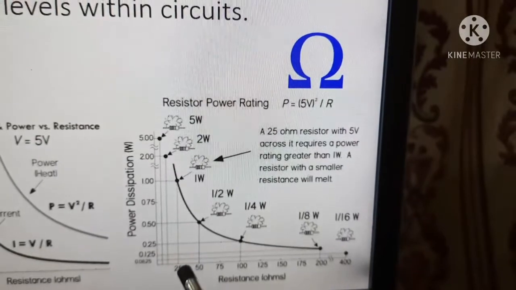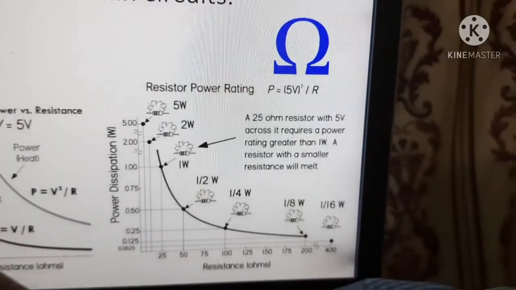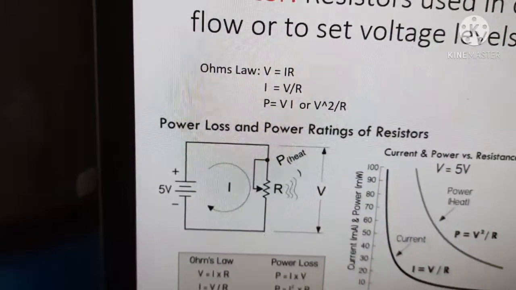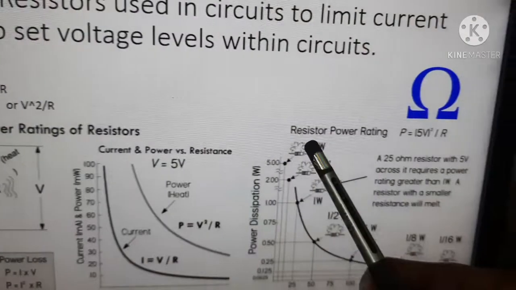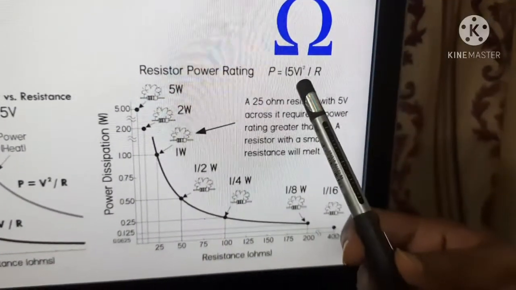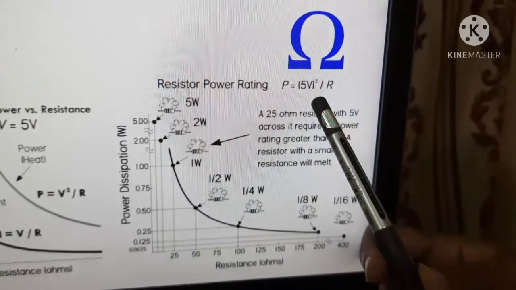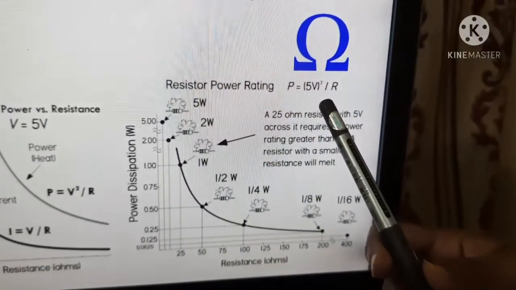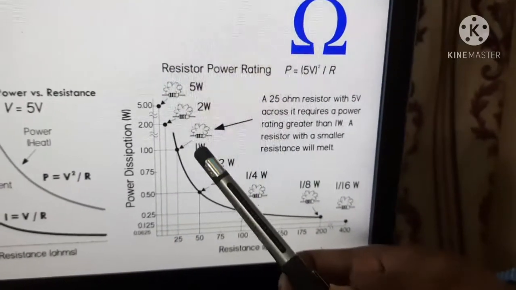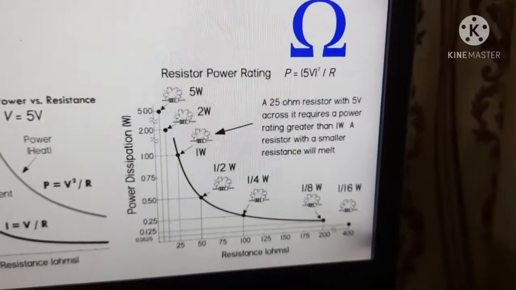If you are having a 25 ohm resistor and you are operating at 5 volt, then the power across the resistance is calculated as P equal to V square by R. With that you are getting 1 watt. So the resistor will typically dissipate 1 watt of power, but in practical we need to take greater than 1 watt so that the resistor will withstand that power.